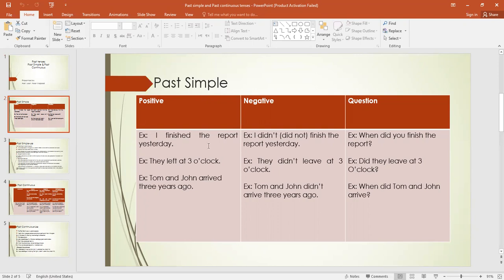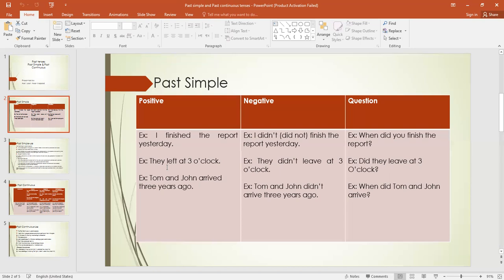This tense is distinguished by adding ed to the verb or changing it to another form. Okay, or the verb can change to another form like leave, left; go, went; make, made.